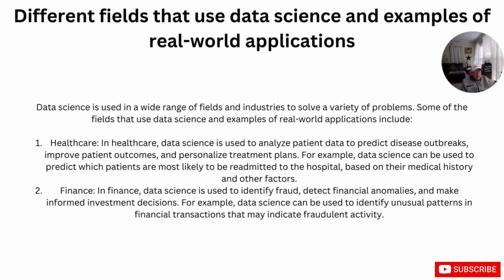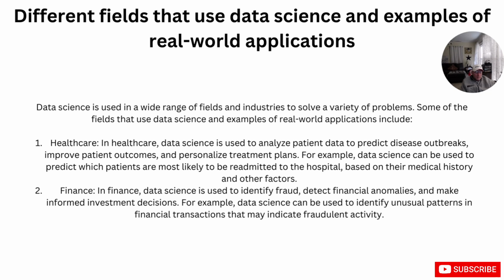Different fields that use data science and examples of real-world applications. Data science is used in a wide range of fields and industries to solve a variety of problems. Some of the fields that use data science and examples of real-world applications include: 1. Healthcare.